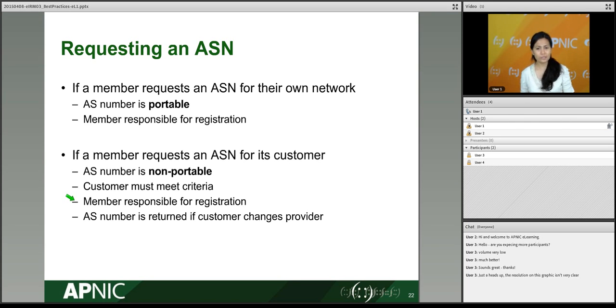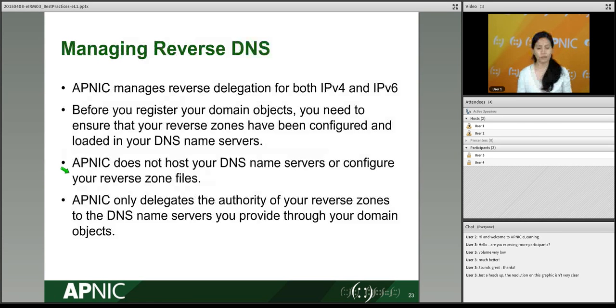In that case, that type of AS number is non-portable because there is an agreement between you and your customer. If they cease to use your services, then they will have to let go of the current AS number that they have through you and then request another one coming from their new upstream provider. All right, so that's portable ASN and non-portable ASN. This is how you can request an AS number for your customers, if you are the APNIC member.